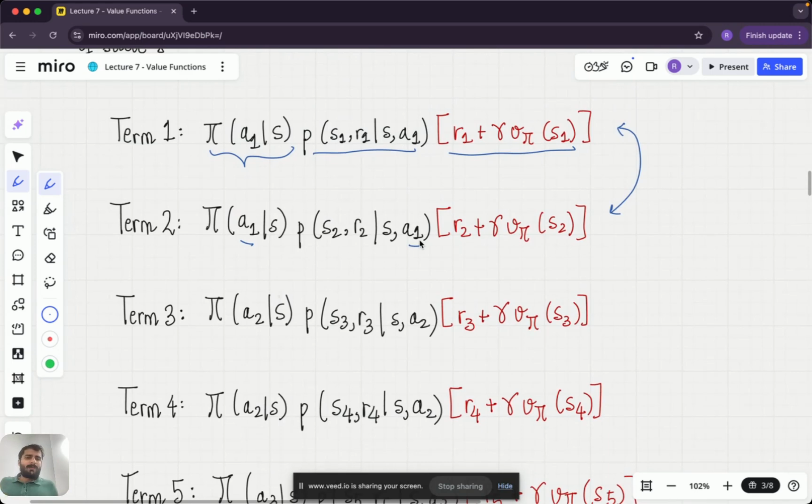Remember from the recycling robot example that we actually have values of all of this. So we can substitute those values of the transition probabilities, and we can get an equation for the value function of one state as a function of the value function of all the other states that follow that particular state.